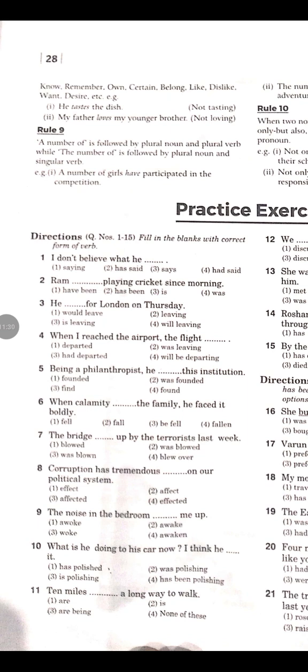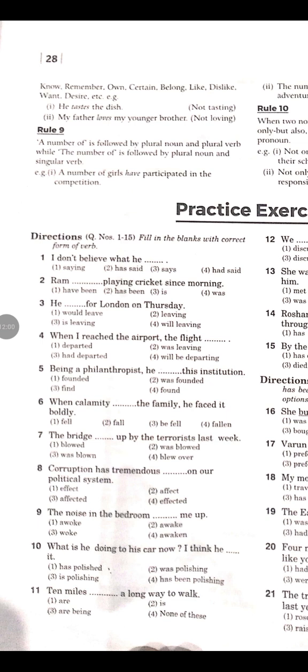Rule number 9. "A number of" is followed by a plural noun and plural verb, while "the number of" is followed by a plural noun and singular verb. Okay. So "a number" and "the number": see the difference between "a number of" and "the number of". So "a number of girls" is always followed by a plural noun and plural verb.